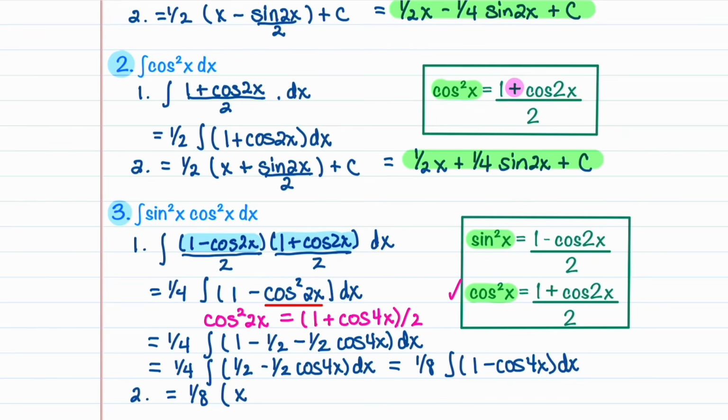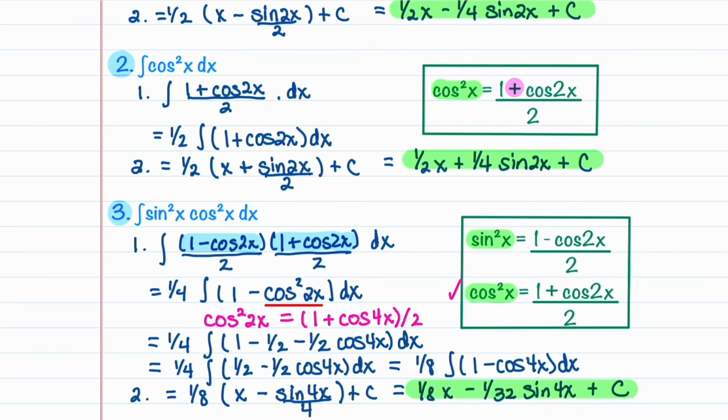The integral of cosine is positive sine, so the negative comes along for the ride, and this becomes sine 4x. Don't forget we have to divide by 4 because of that angle, and then we have our plus c. We can rewrite this nicely as 1/8 x minus 1/32 sine 4x plus our arbitrary constant c. And there's our final answer.